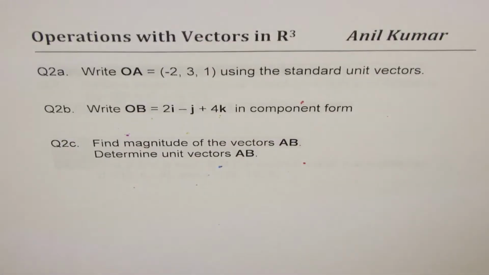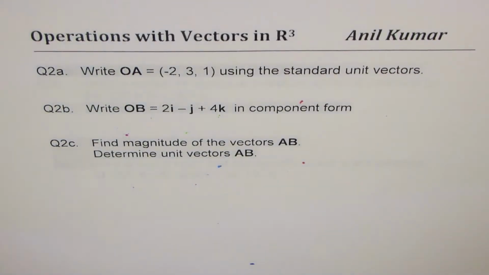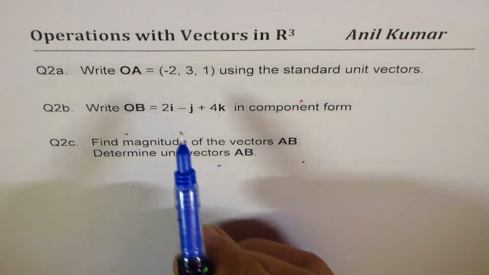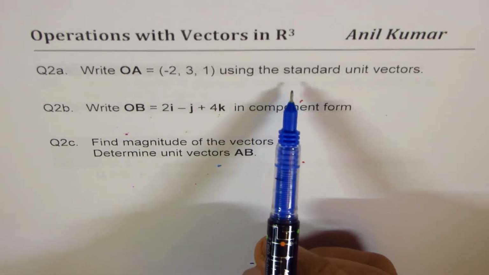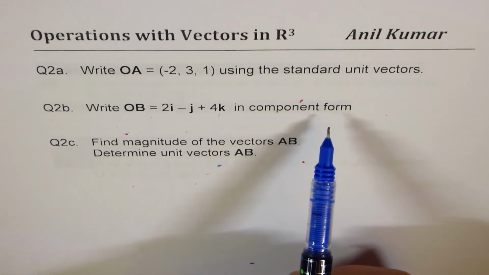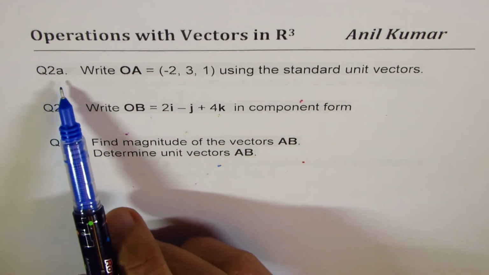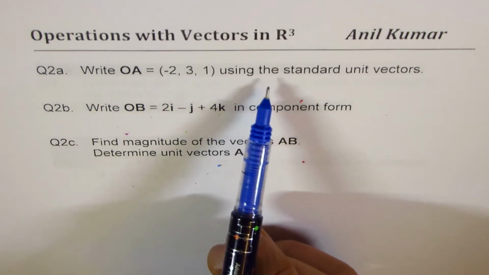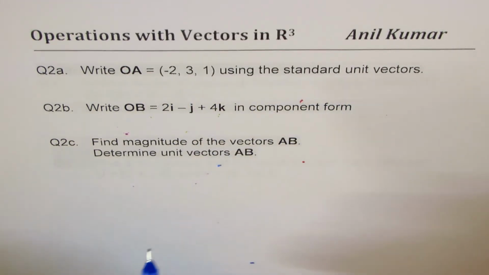So let's move on and do question number 2. I hope how to describe a point in space is absolutely clear. Now let's move on and see how to represent vectors in standard unit form or in component form. Question 2a is write OA, minus 2, 3, 1, using standard unit vectors.